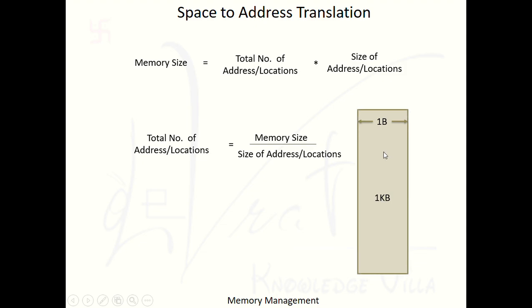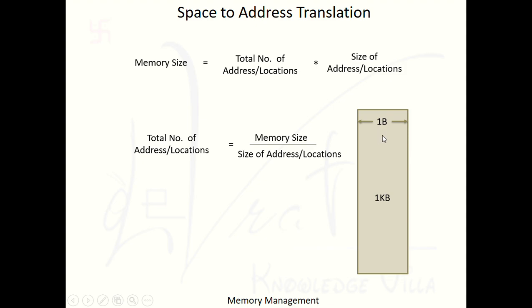Let's discuss one example. Suppose we have one block of memory and the size of this block is 1 KB, and in this block we want to store addresses of 1 byte each. So if we have a memory block of 1 kilobyte, and we want to store addresses whose size is 1 byte, how many addresses can we store here?